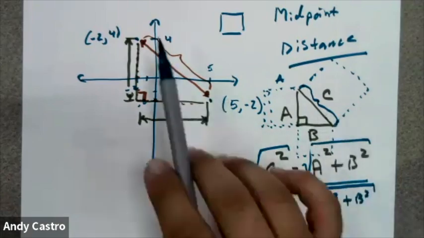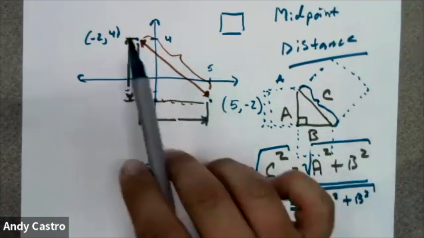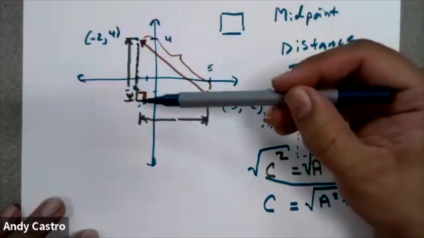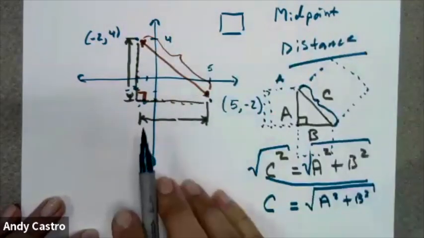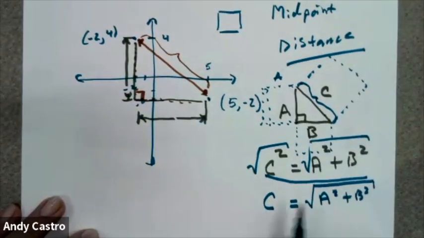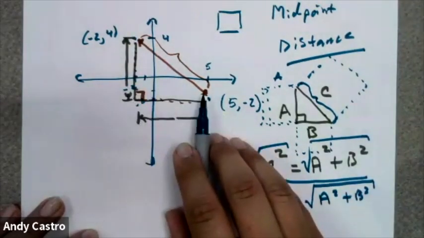So knowing that, we can calculate this distance here. So the first thing we have to do is figure out, okay, what is this distance and what is this distance? We get those two numbers, we can plug that in here and find this distance.